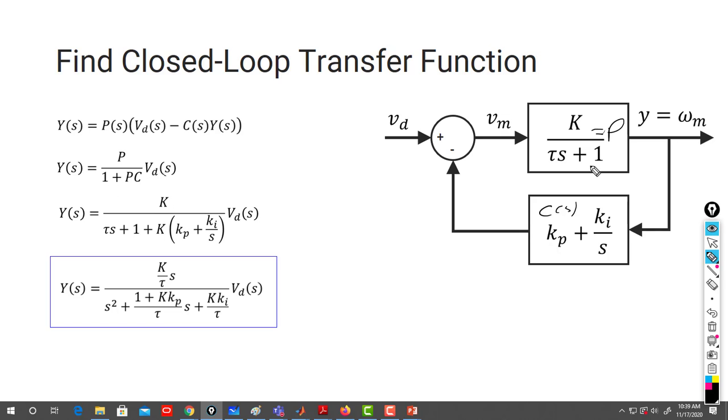P is K over tau S plus 1 and C is well Kp plus Ki over S. They get this function and they write it in somehow the general form. Okay, so S squared plus 2 zeta omega n S plus omega n squared. It's not directly omega n because here it is a first approximation. So that's the closed loop transfer function of y over Vd.